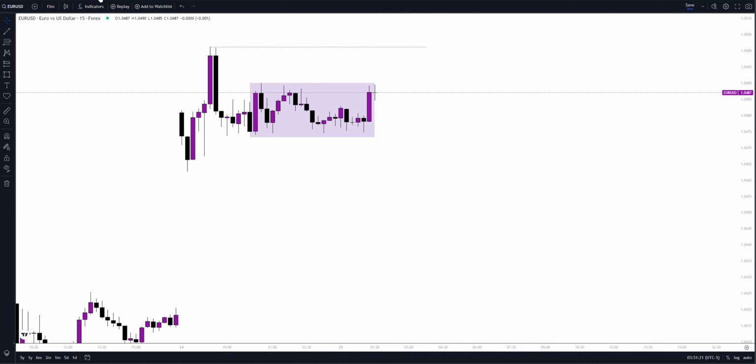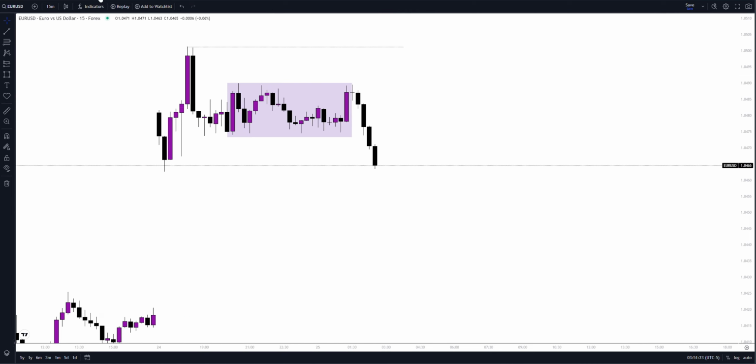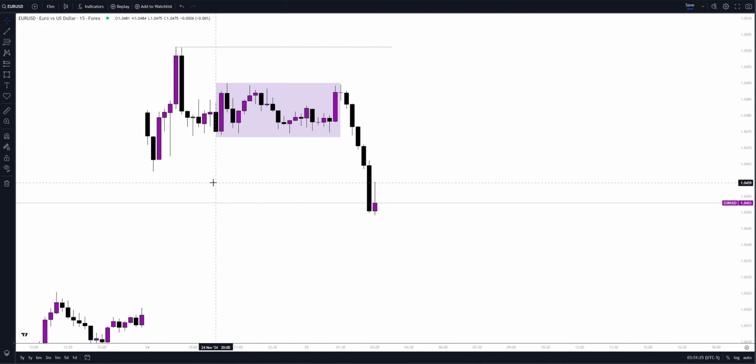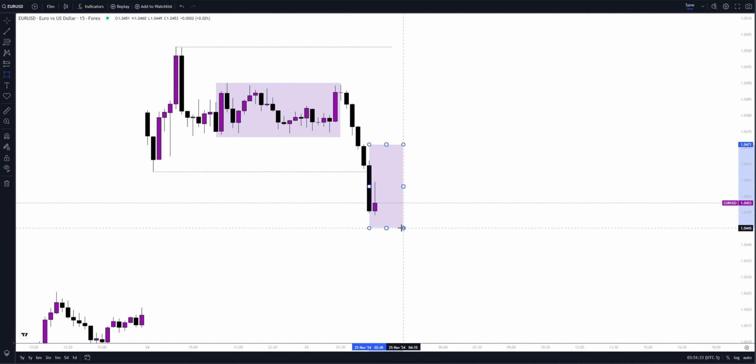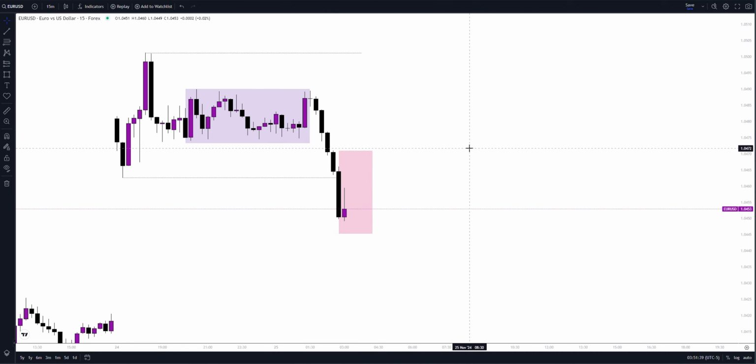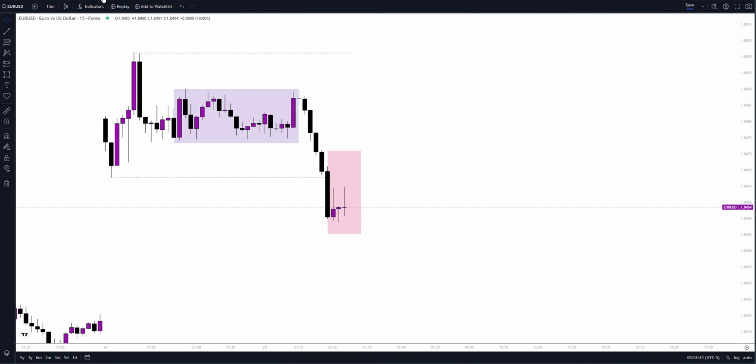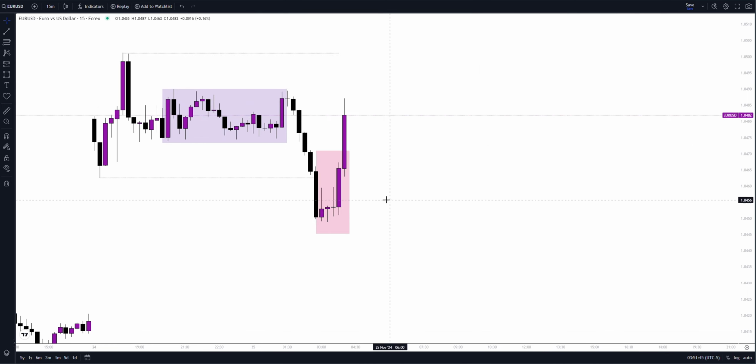We are trading below these lows, which is the sell side liquidity. Now this is what we call the manipulation phase, and then we would be looking for bullish momentum, the distribution phase. Now we have this inversion fair value gap.